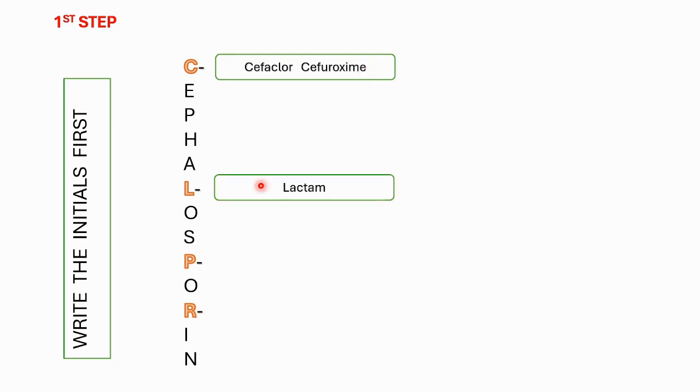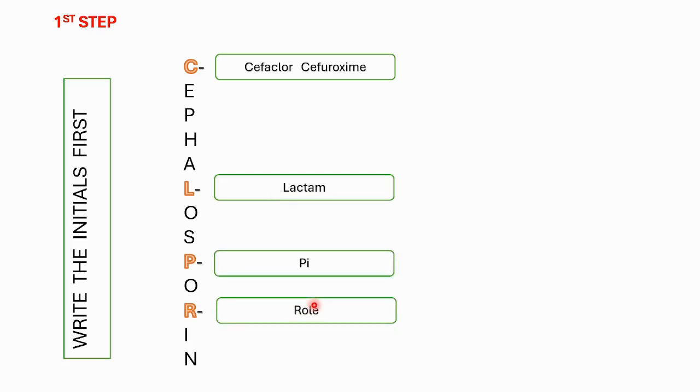L stands for lactam. P stands for pi. And R stands for roll. So we'll come back to all these bold letters in a moment. For now, just remember that this represents our exceptions.